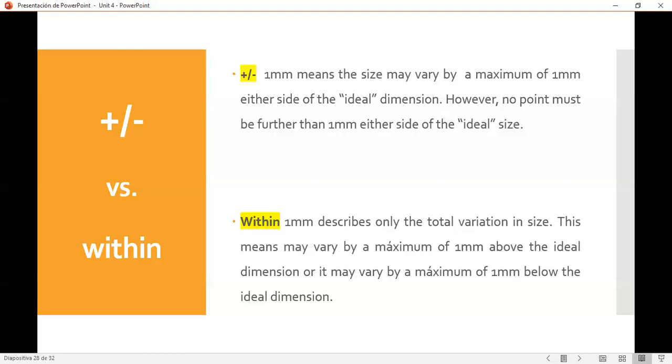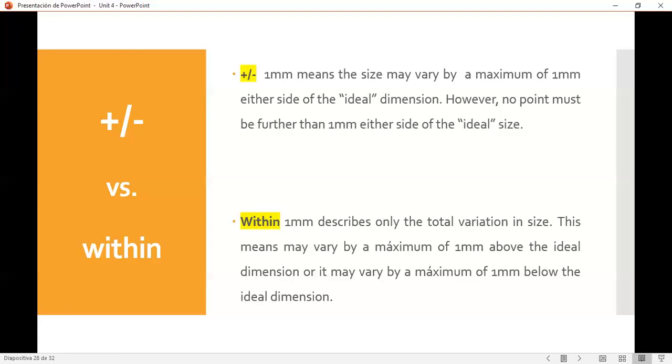So this fork, the width is 340 millimeters. This is the standard or the ideal dimension. But this fork can be plus or minus 2 millimeters.